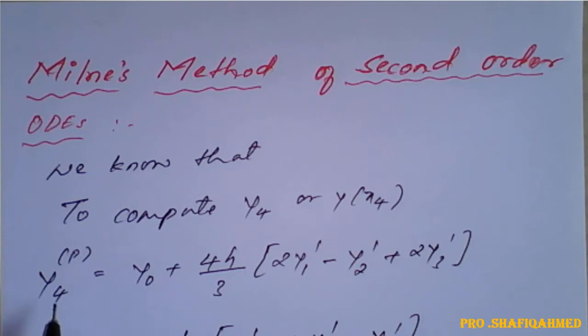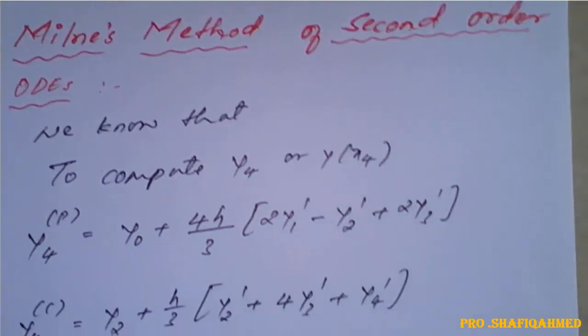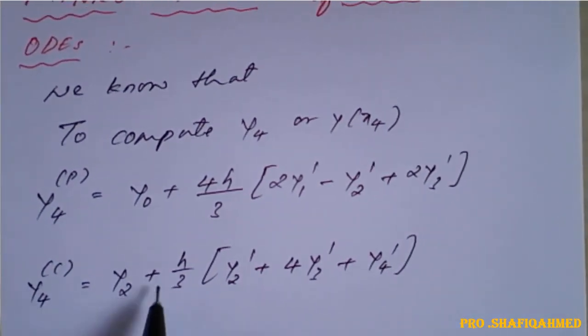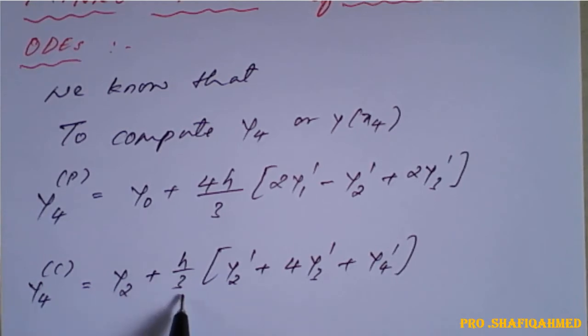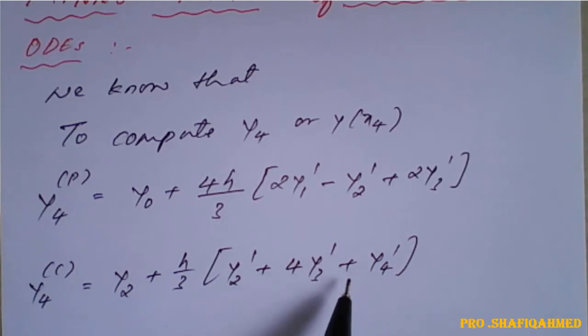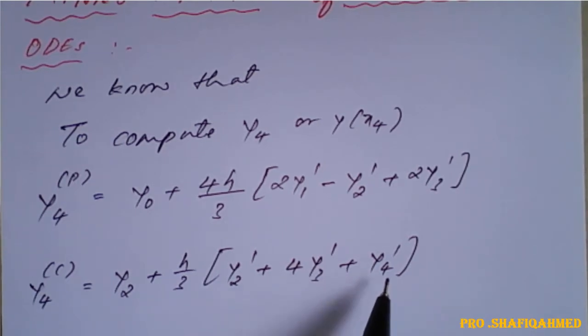The predictor formula is y4 of p is equal to y0 plus 4h upon 3 into 2 times y1 dash minus y2 dash plus 2 times y3 dash, and the corrector formula is y4 of c is equal to y2 plus h upon 3 into y2 dash plus 4 times y3 dash plus y4 dash.